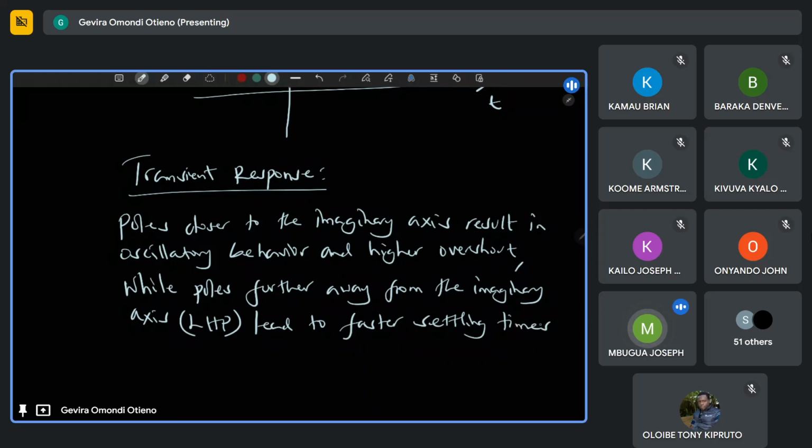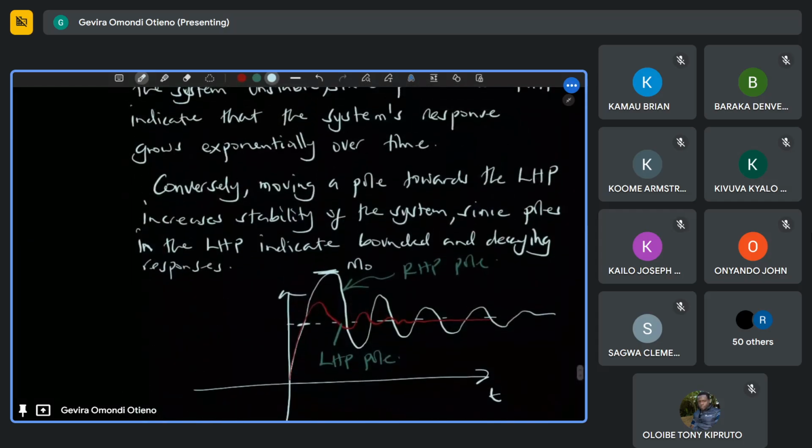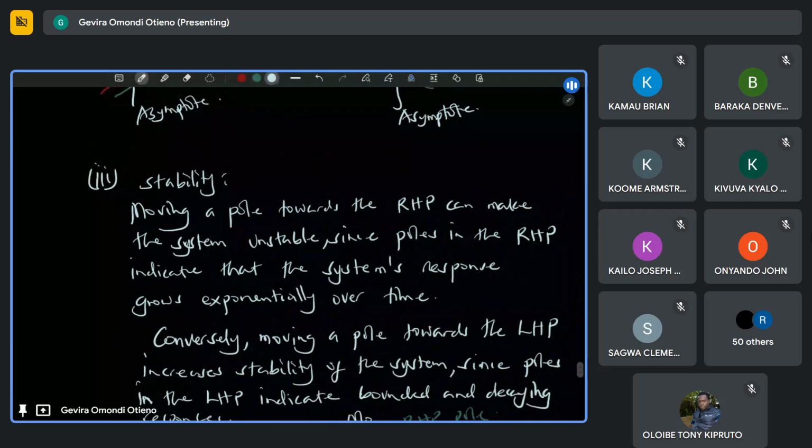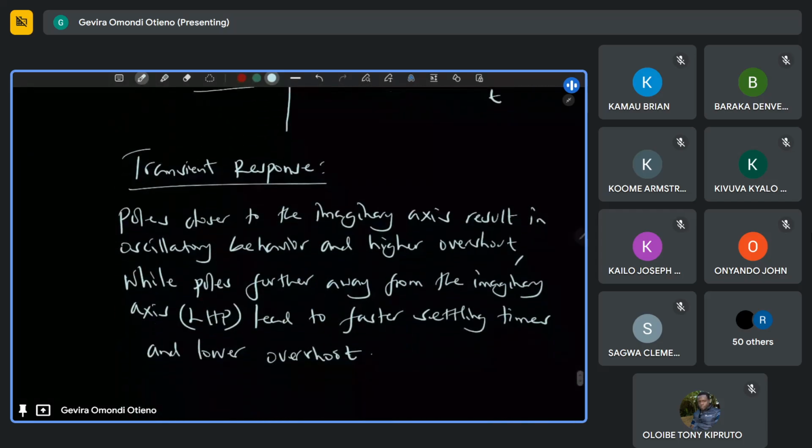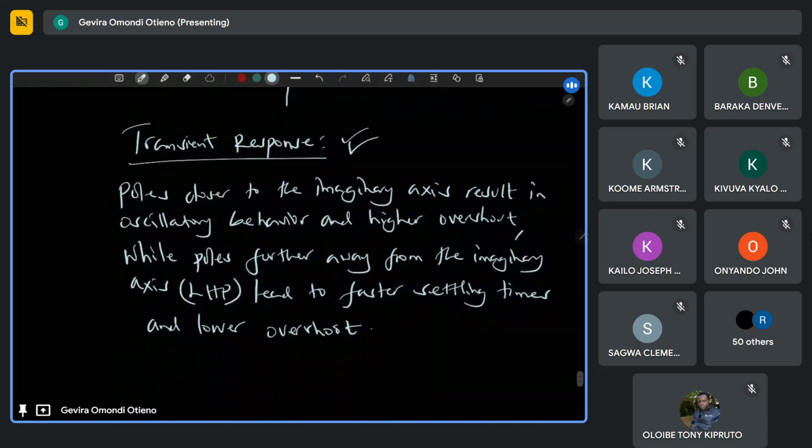Please mute your microphones. Leads to faster settling time and lower overshoot. Okay, so that is how you would probably respond to such a question. So you have indicated the effect of changing the location of a pole on the closed loop system based on the stability and also based on transient response.